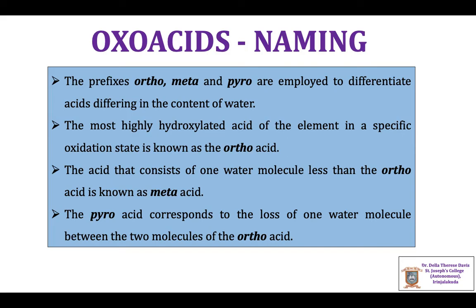The acid that contains one water molecule less than the ortho acid is called meta acid, and pyro acid means the acid formed by the condensation of two molecules of ortho acids by removing one water molecule.